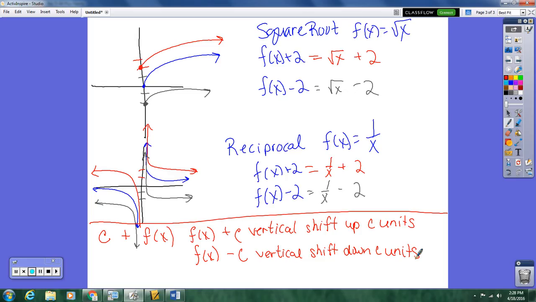Parent function name, parent function equation. Number 7, we've already done that kind of parent equation. What is it? It's a quadratic. So f of x equals x squared.